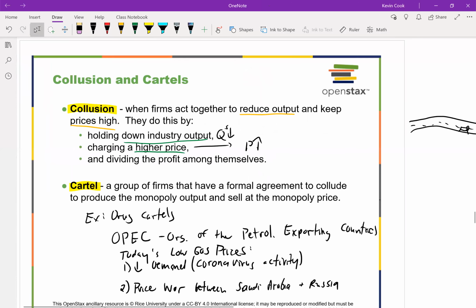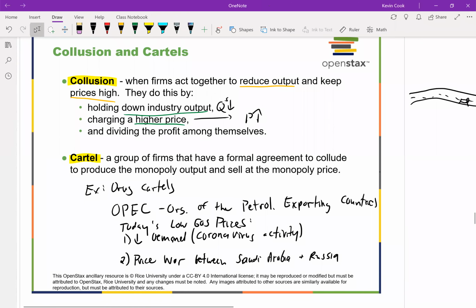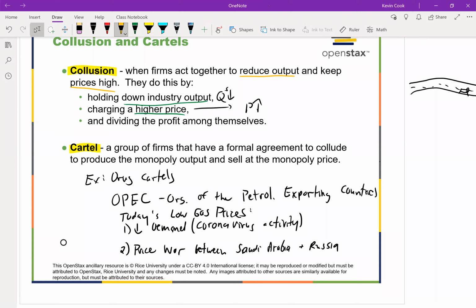So there's this oil war going on, and while a big part of what we're seeing right now with the stock market going down, the stock market crashing, it crashed. With the stock market crash and everything going on, a big part of it is this increase in demand because we're all staying home.